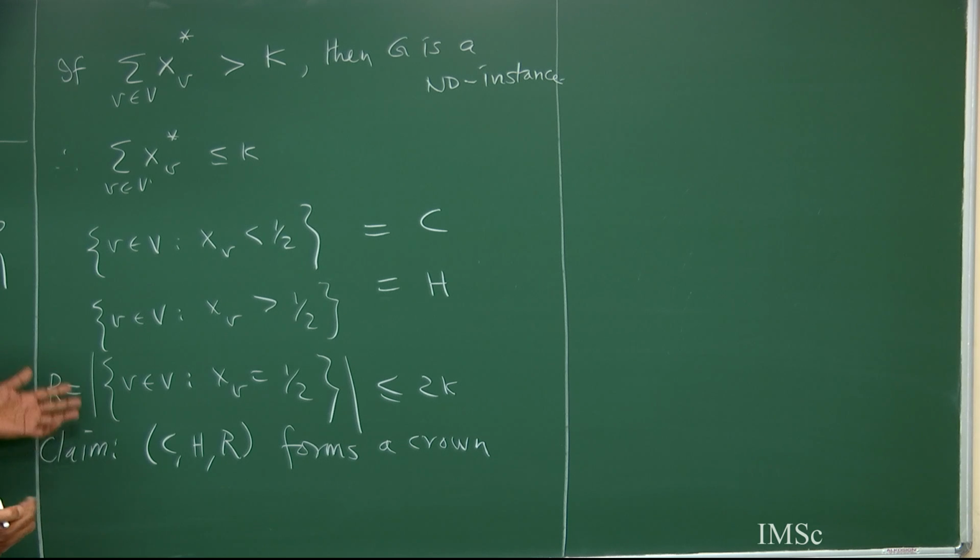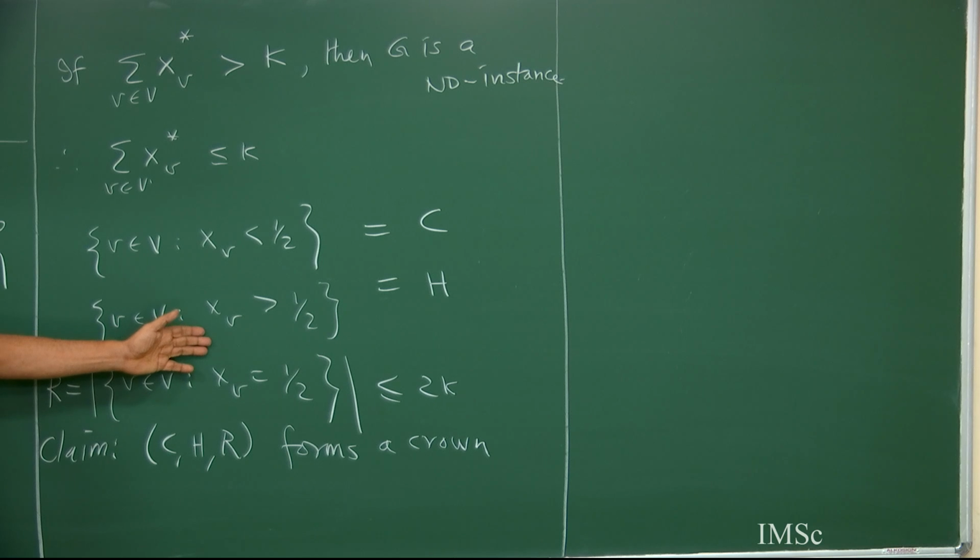In particular, if C is non-empty, then H must be non-empty, right? Do you see that? Assuming there are no isolated vertices, if C is non-empty, H must be non-empty because there is some edge going out of it where the other endpoint must get value greater than half, because I want to satisfy this constraint, right?